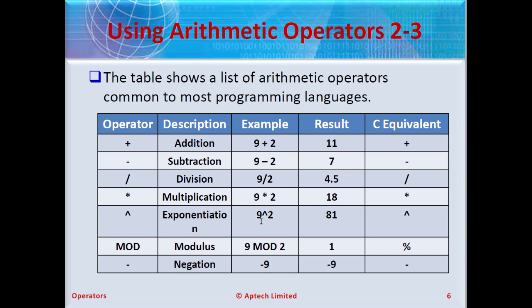We're given 9 raised to power 2, which results in 81, and the C equivalent is the caret symbol. We have modulus, MOD. In other books or slides, you'll actually see this being referred to as modulo. We have the example given here, 9 mod 2. The result is 1, and the C equivalent is given here as the percentage symbol. Let's look at a practical example.